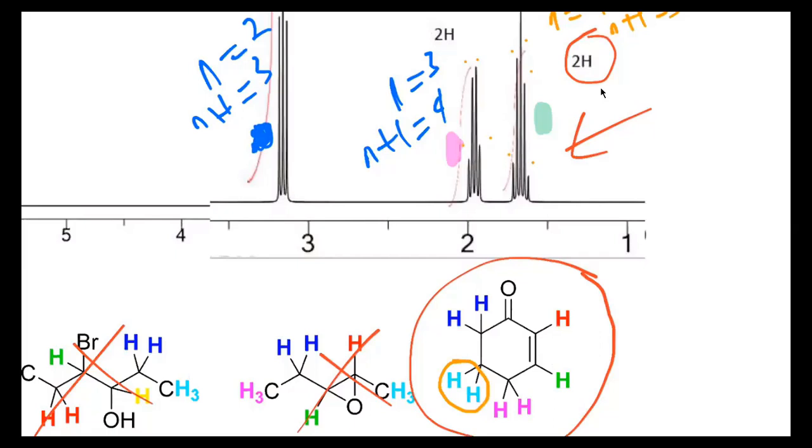All right. Now we only have 2 signals left, and one of the things to interpret these spectra is you have to know where your protons show up, those chemical shifts. So these are what we call vinylic protons, right? The reason for that is that they are attached to an sp2 carbon. So you see the carbon right here in the double bond is sp2, right?